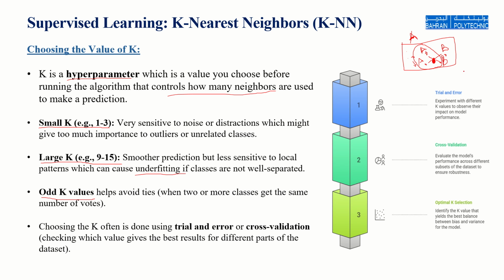Now just imagine you have a data set, right? Again, you have this particular point which you have to find out. But imagine you have a lot of data points here and there. But if you are taking k as 2, what happens? Just imagine these two are the points which are closer.